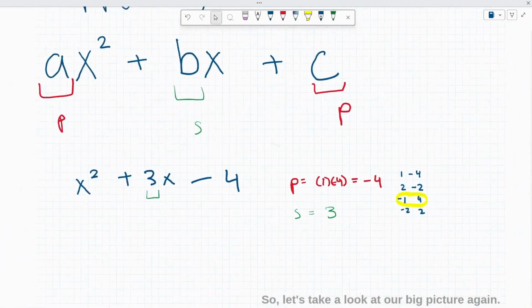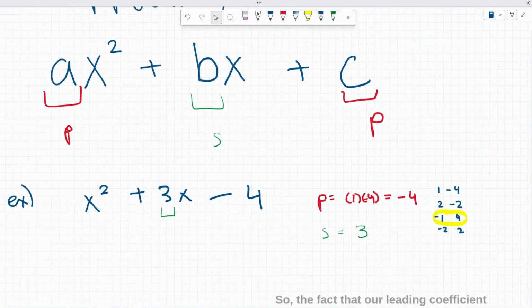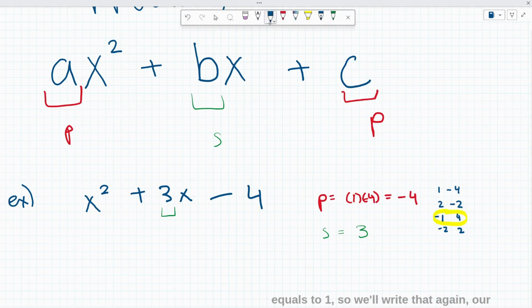So let's take a look at our big picture again. The fact that our leading coefficient equals 1 means we can dive into the next step right away.